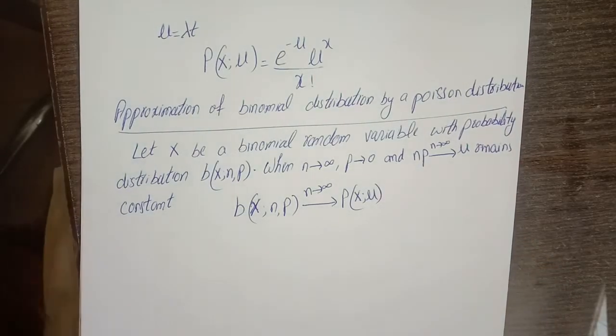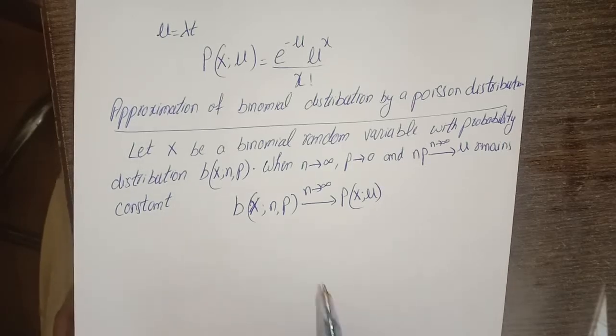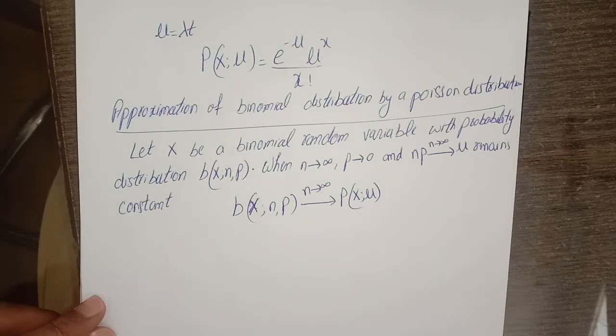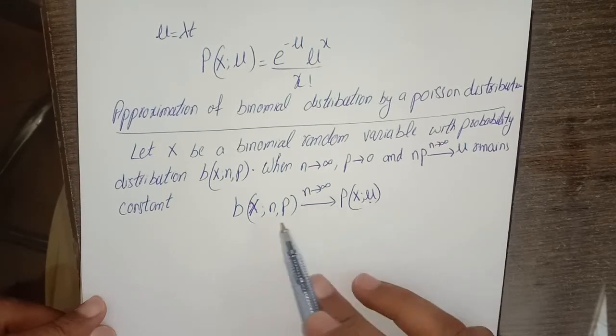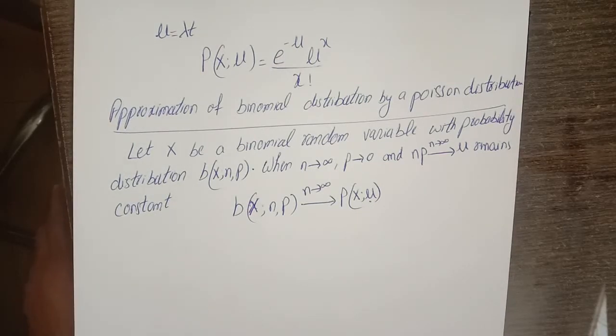So when you have large n and very small p, you can approximate your binomial distribution with the Poisson distribution, with the parameter mu equal to np, and x is the random variable that represents the number of successes. This is how you can approximate your binomial distribution by Poisson distribution, and it's a very important result in the relationship between different distributions.